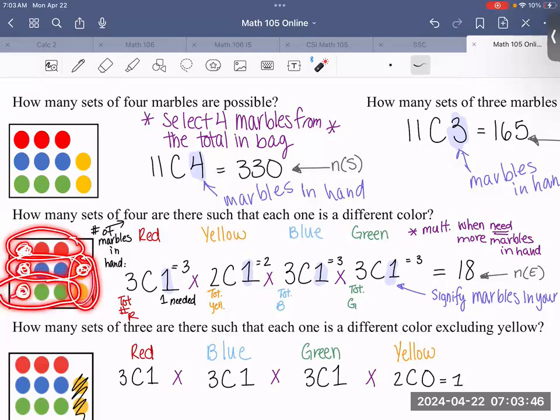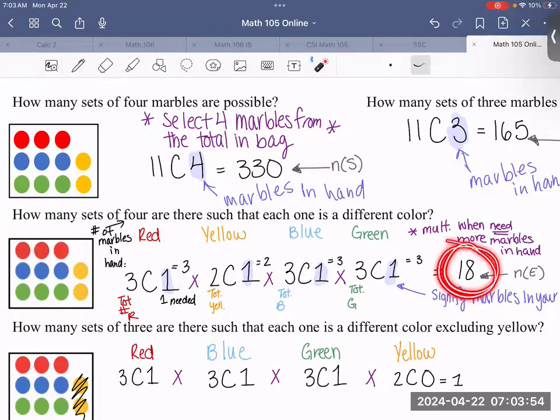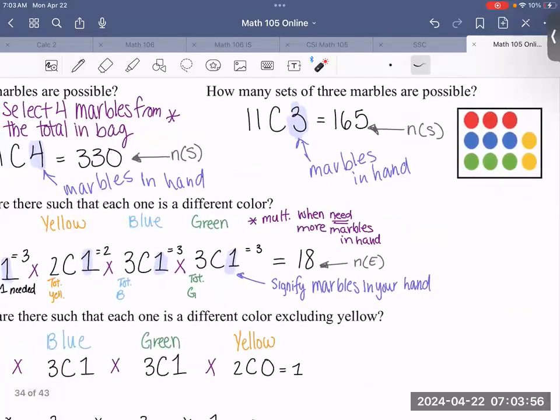Now we can mess around with this as much as you want. We could do the experiment again, maybe by selecting a different red one. So we can have 18 different ways to pull this experiment. So the probability of this experiment is 18 over 330.